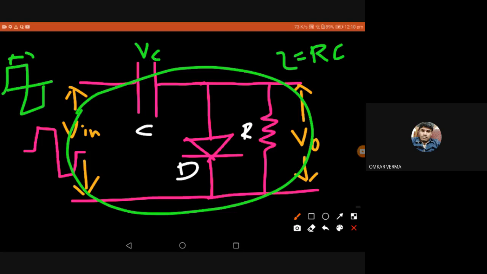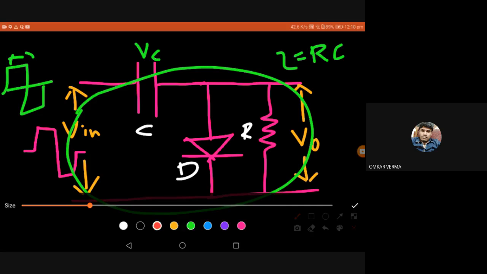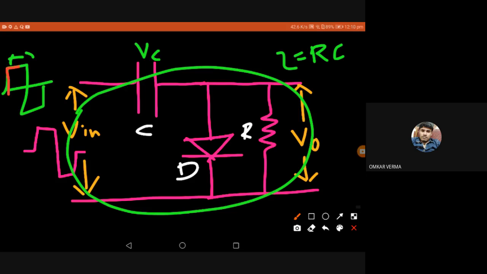We don't need to keep an overly large time constant, because the RC time constant should be greater than half of the given input time interval, but we need a square wave. So only in the half, 0 to T by 2, our capacitor should at least retain its charge. So its RC should be greater than that T by 2 time.